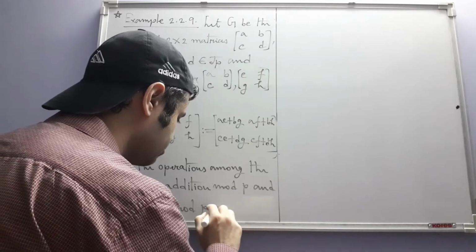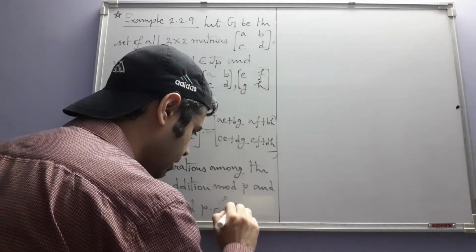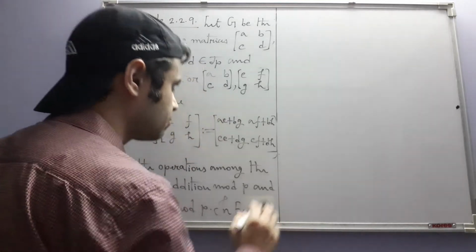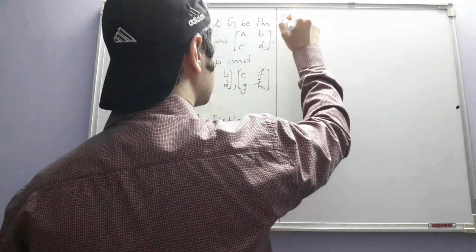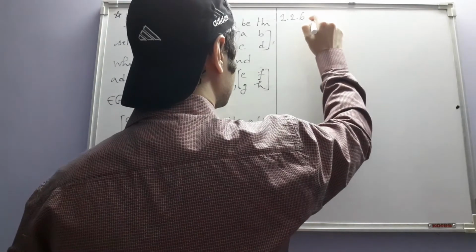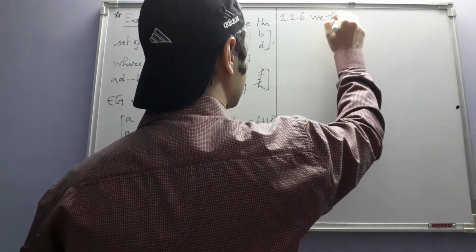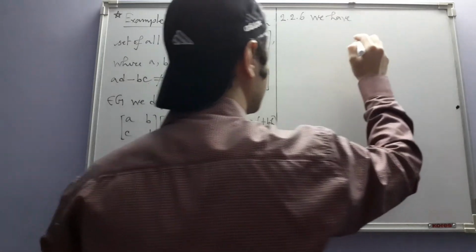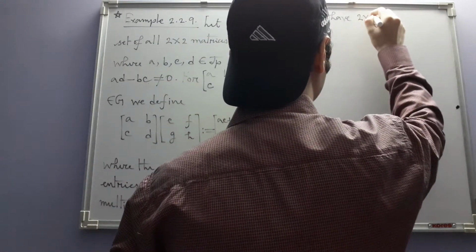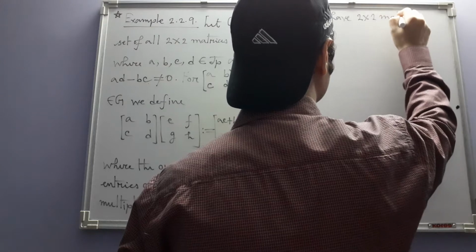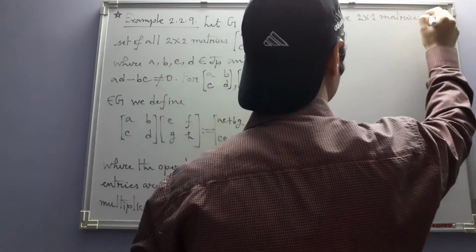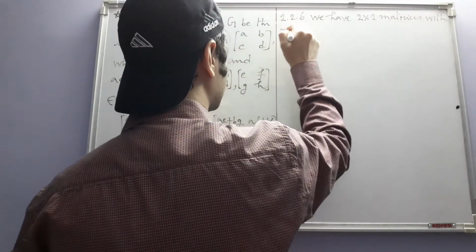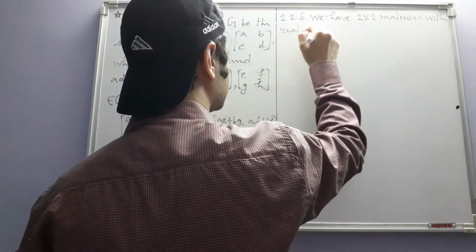Okay, let me just continue from here itself. In example 2.6, we have 2 by 2 matrices with real entries, where the entries are real numbers.